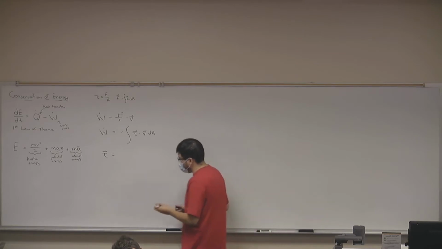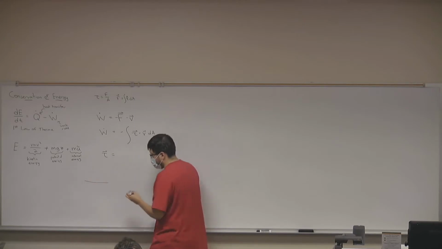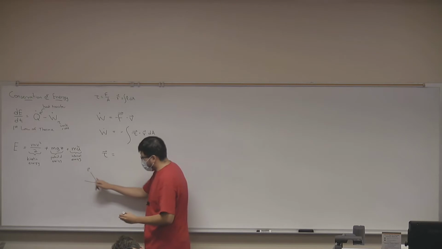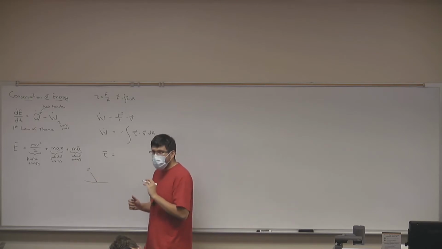So if I were to look at a surface, let's say I have a horizontal surface, and I have a stress acting on this surface at this direction, I can break down my stress vector into two components, right?